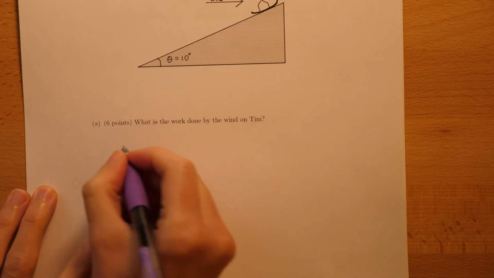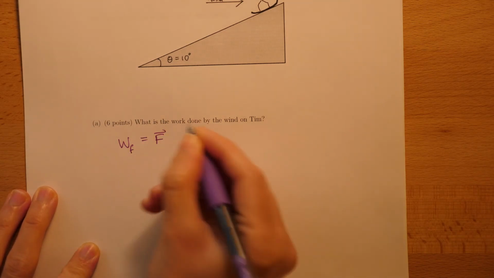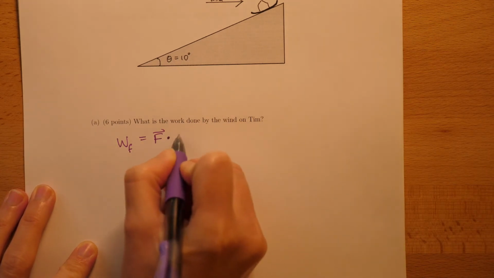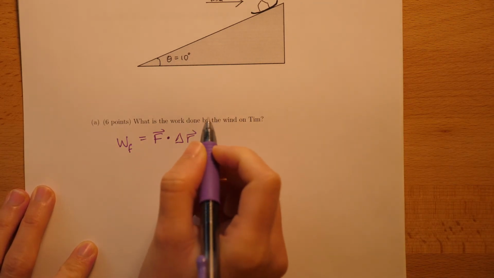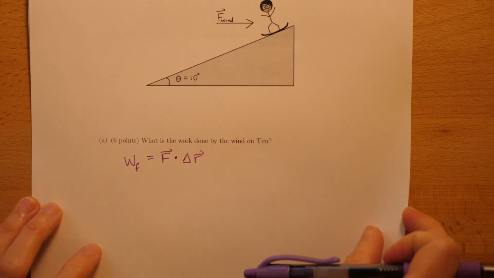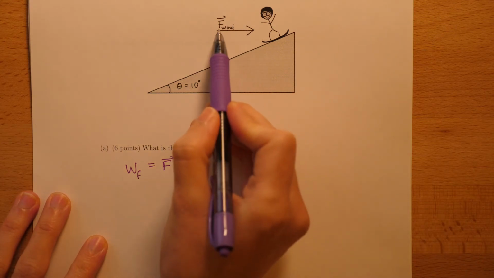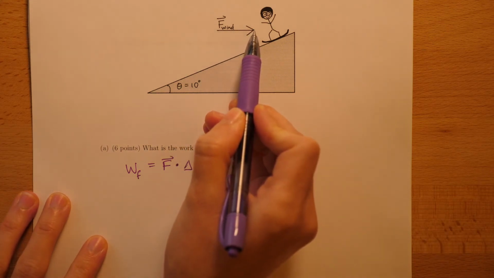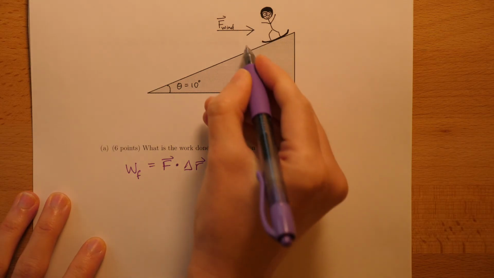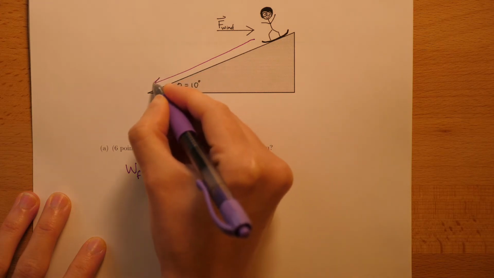So we know that the work done by a force is the force dotted with the displacement. So for Tim here, the wind is in this direction, and his displacement is in this direction.